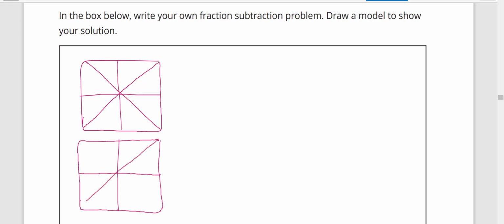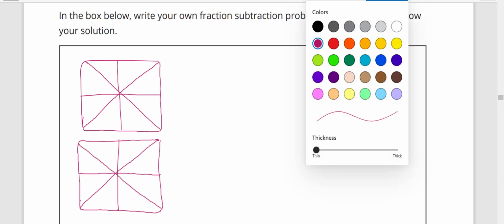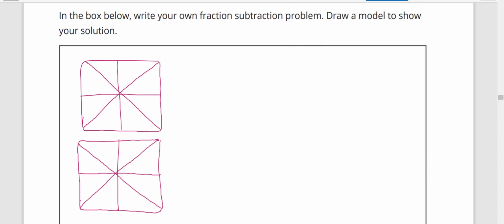The first model, shade 6 parts: 1, 2, 3, 4, 5, 6.